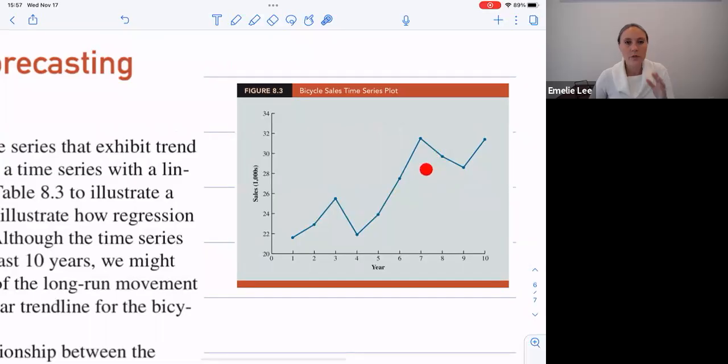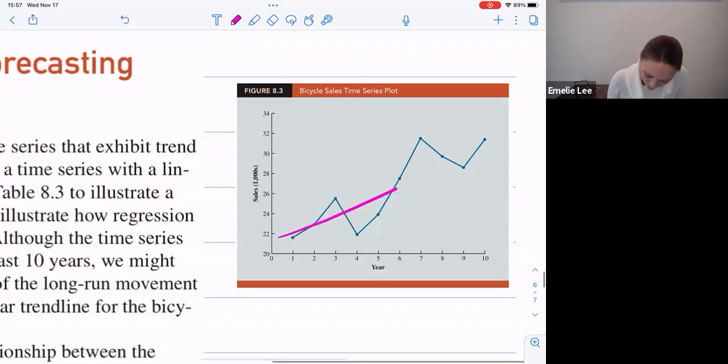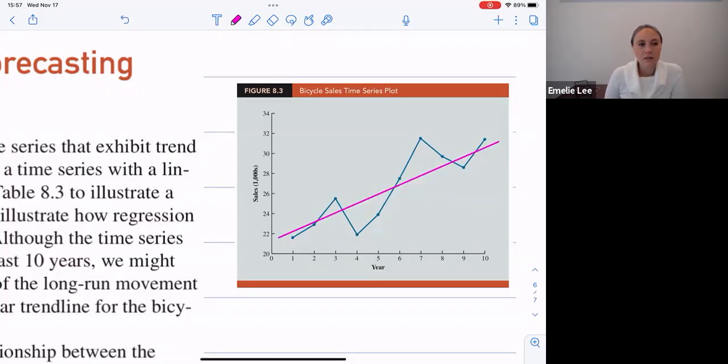So things are going kind of up and up and up. If I had to model this, I would describe it as some sort of upward trend. To keep things simple, I'm going to call it a linear trend. I'm going to play around and look at different models, but one way that I could describe this is with a straight line. Does a decent job.